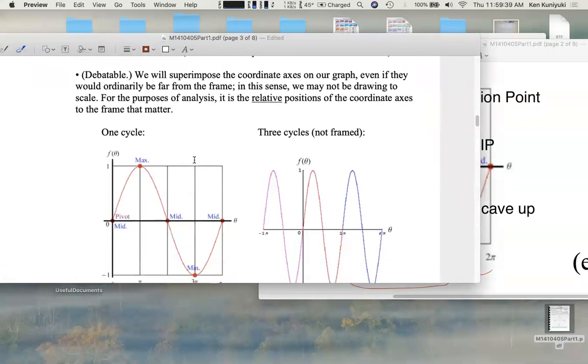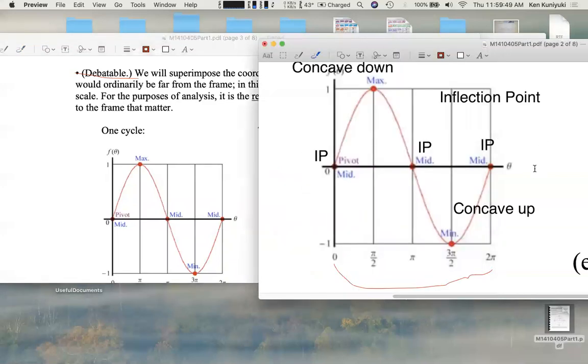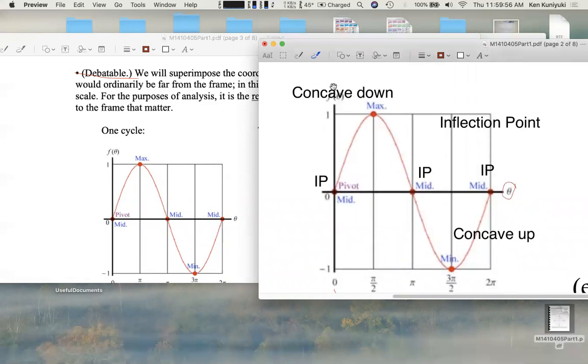Okay. Oh, and let's not forget, we need coordinate axes. It is not debatable that we need to label the axes. It's debatable what the order should be. So I might put the labels last. So theta here, y over here. But if you tend to forget, you might want to put these first. All right, but at some point you have to label the axes.